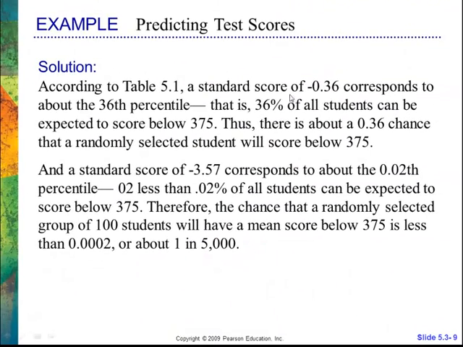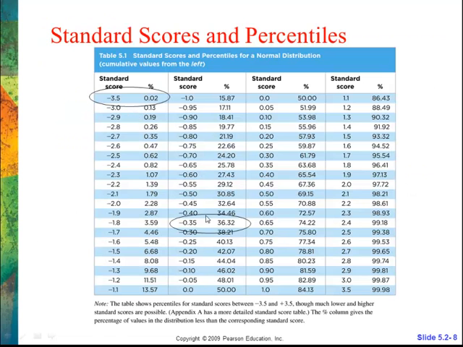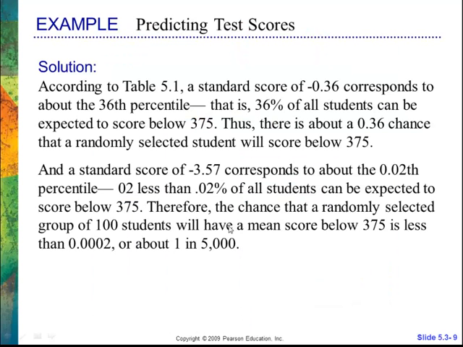So if we look at our table, negative 0.36 is about the 36th percentile. About 1 in 3 students will have a test score below 375. But on the second one, a negative 3.57, that's less than 0.02%.